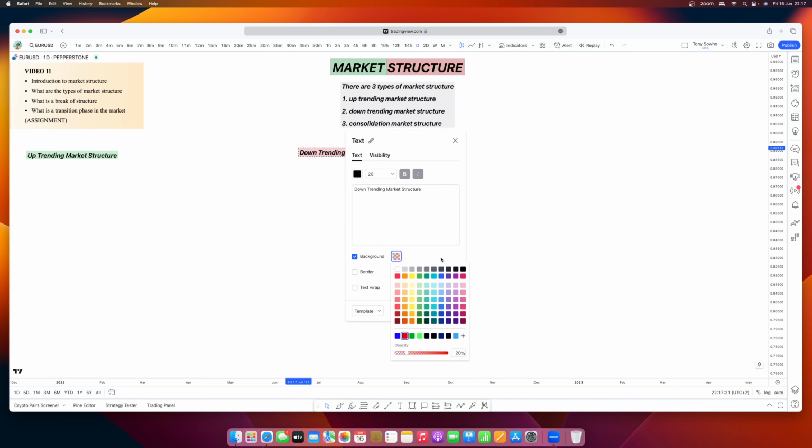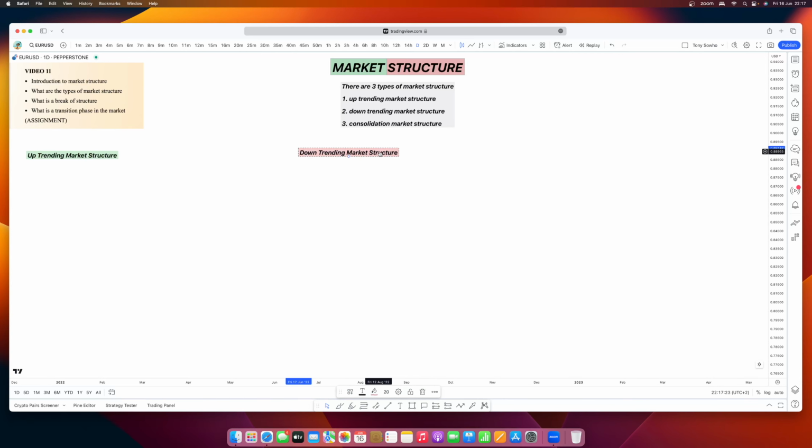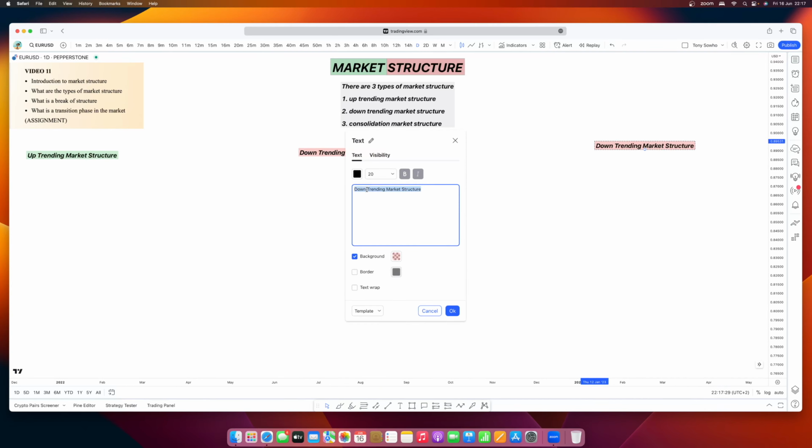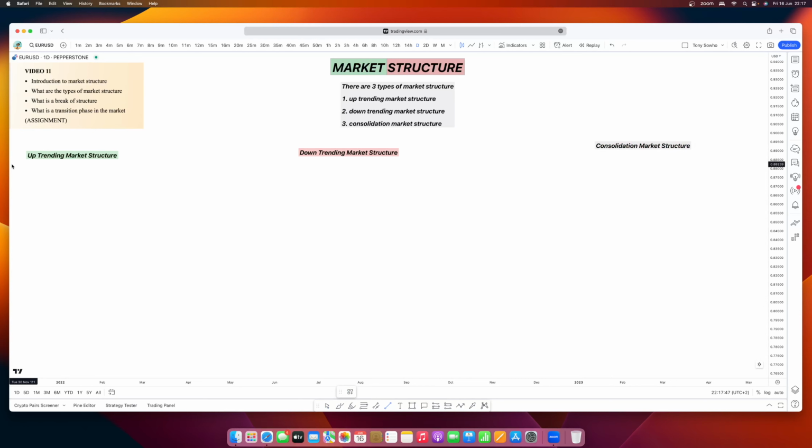And then the third one is the consolidation market structure. So we can just remove all of this and put consolidation market structure, and we can just have this neutral since this does not have any direction. So quickly, let's do something like this.